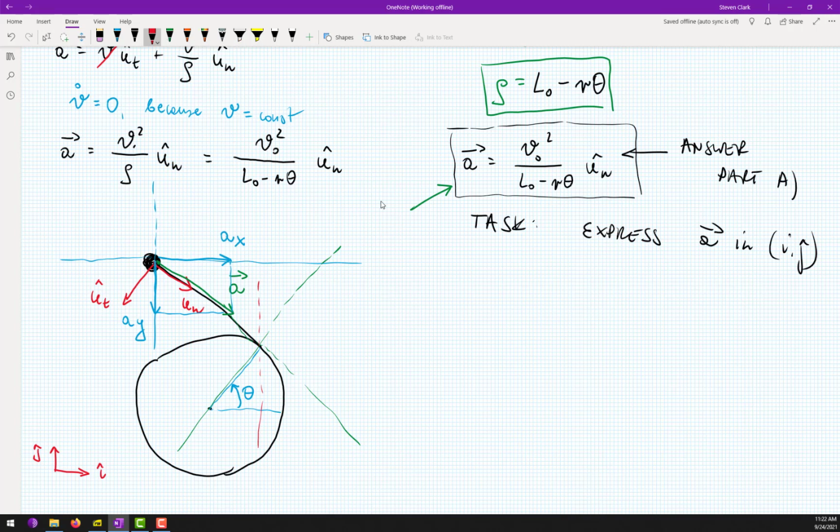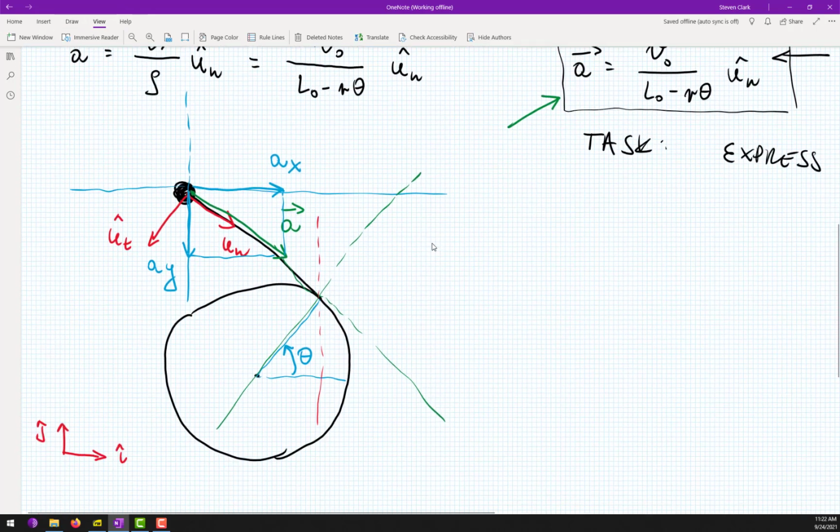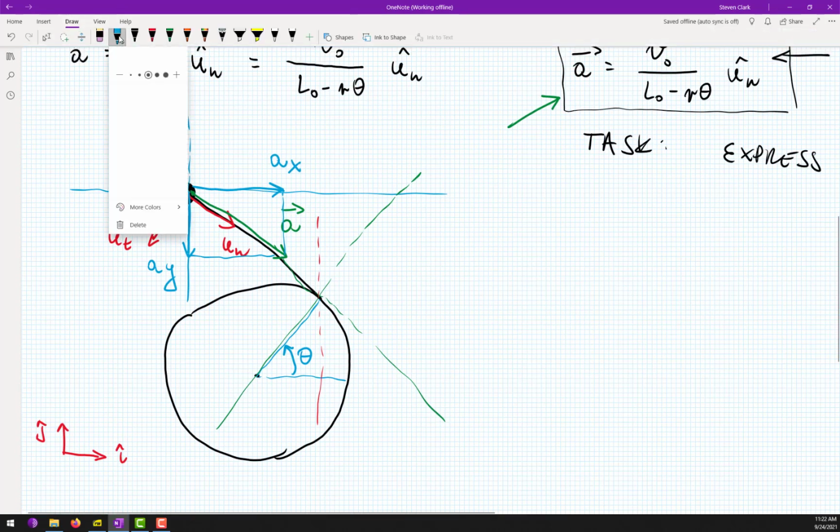So I claim that if theta is here, that means that 90 minus theta has to be here. So this is 90 minus theta. I claim that.